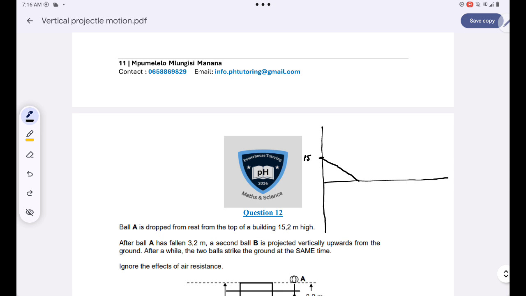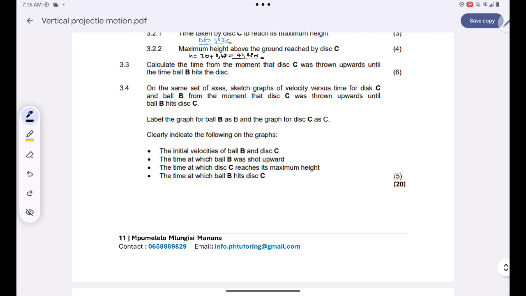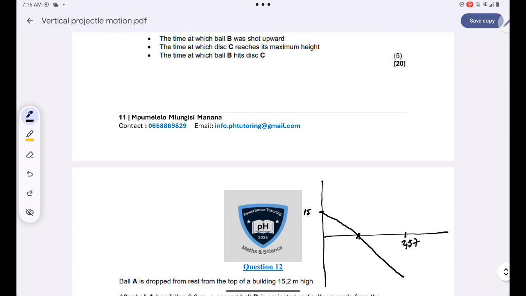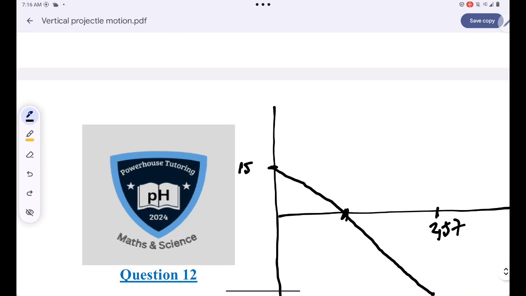It went on to reach maximum height. Then it came down until it was hit. Let's say it got hit here. The time was 2.57. Okay, the time it reached maximum height, did you calculate it? Yeah, 1.53. That's 1.53 seconds.